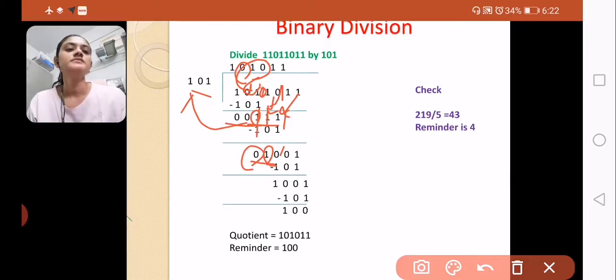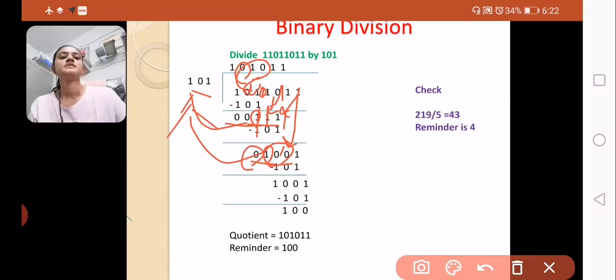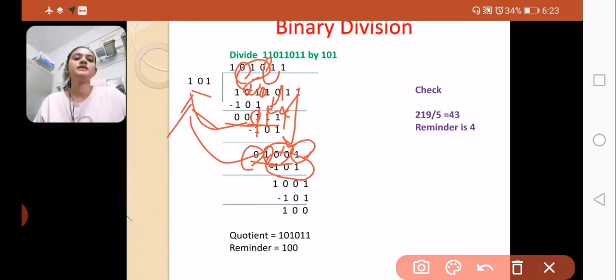Now this 1 0 0, next we are taking the next 0 here, but again this 1 0 1 is bigger, so again take the next 0 here and take 1 here. Now subtract this and 1 0 1, so it will generate 1 0 0.